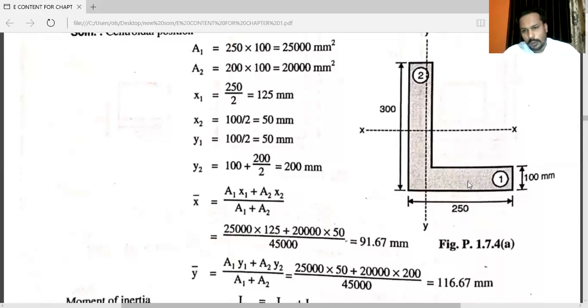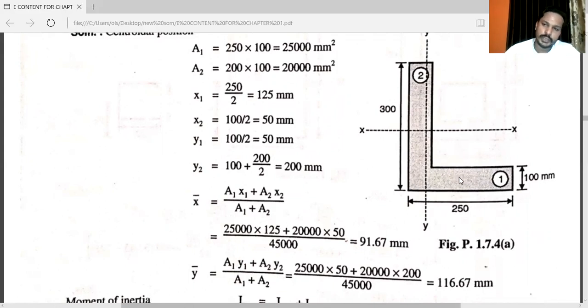From the centroid point of the first rectangle to the centroid point of the entire diagram, the perpendicular distance between them, see the cursor position. This is the H1 distance.